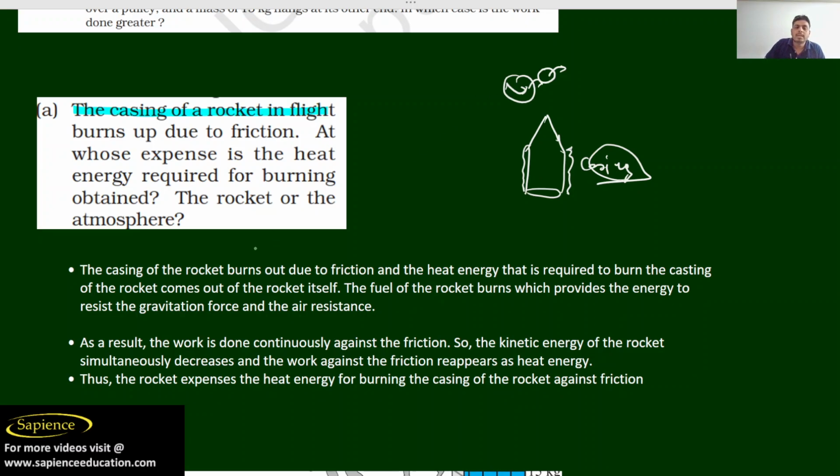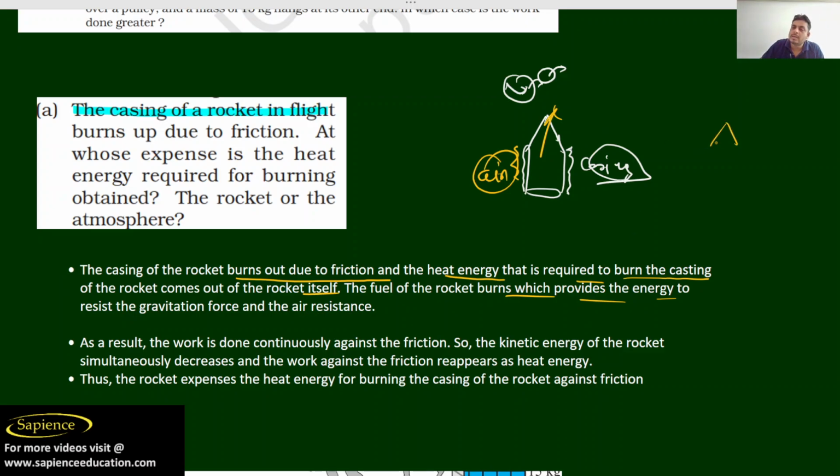So the casing of the rocket burns out due to friction and heat energy. As it moves up, there is air friction, and due to air friction heat is generated and the casing of the rocket burns. The fuel of the rocket burns, which provides the energy to resist the gravitational force and the air resistance.